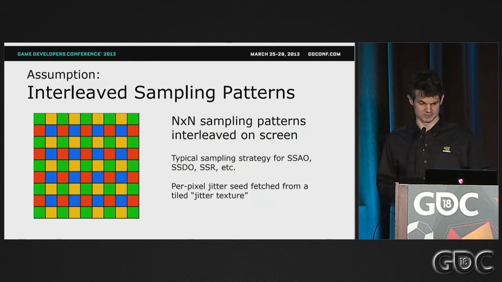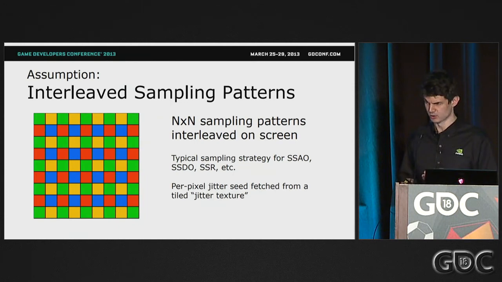We can process them in separate passes. So all the green pixels here can be done in a separate pass, where all of those green pixels will shoot their rays into the same directions. And that will help a lot the texture cache.